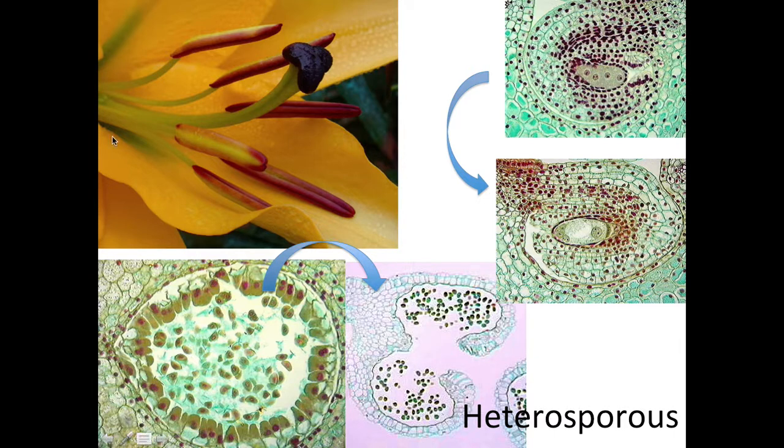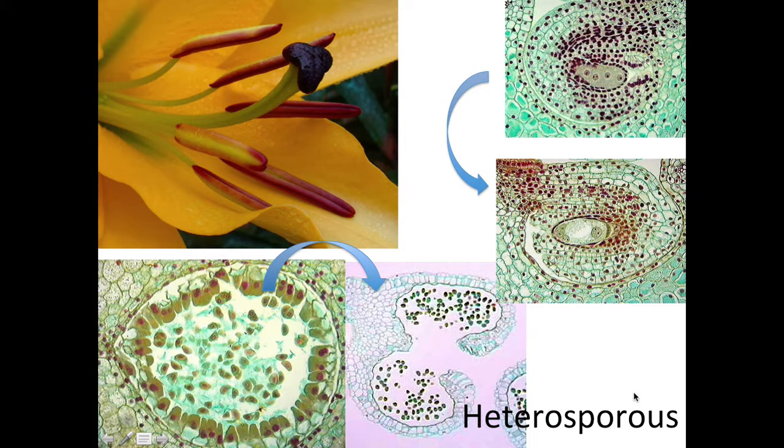In a very separate part of the plant, down here in the ovary, you have ovules. Those are going to produce the megasporangia, which will result in the production of the female gametophytes. And the female gametophytes are going to have the egg. So here's your egg down here.